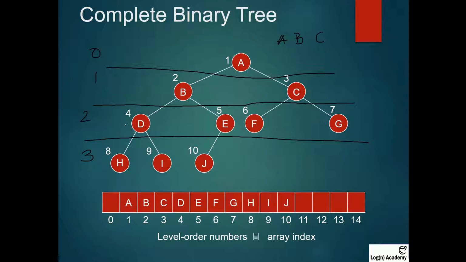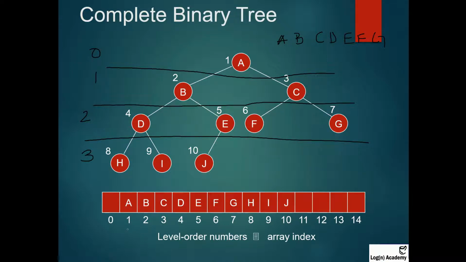For the next level, we will again print starting from left going towards right. So D, E, F, and G. So here, the way we are maintaining these elements in an array is actually a level order traversal.